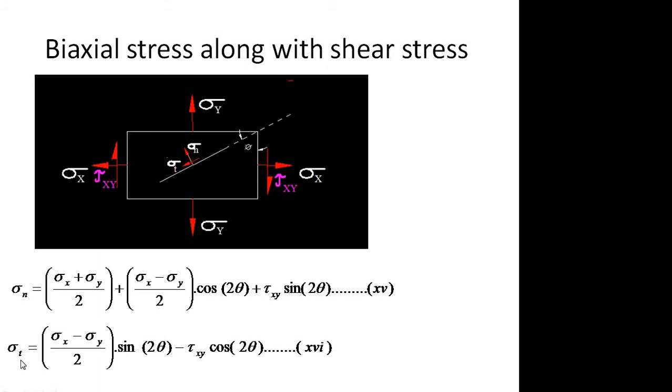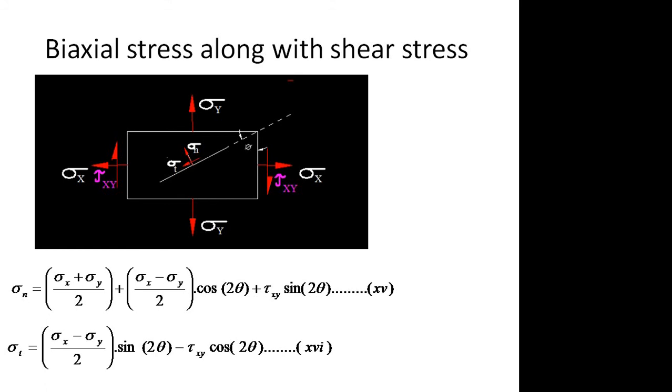And similarly sigma t is equal to sigma x minus sigma y by 2 times sin 2 theta, which is the sigma t equation in the previous case, minus tau xy cos 2 theta, right? When there are only two normal stresses, we can directly say the angle at which the value is maximum.